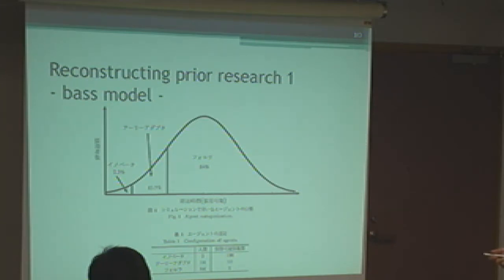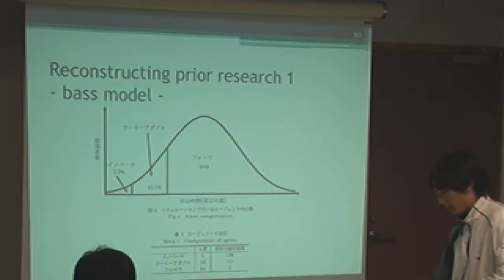And in this simulation, they divide individuals into 3 parts: innovator, early adopter, and follower. Innovators are 2 people, and they can keep 100 types of information. Early adopters are 14 people, and they can keep 10 types of information. And followers are 84 people, and they can only keep one type of information.